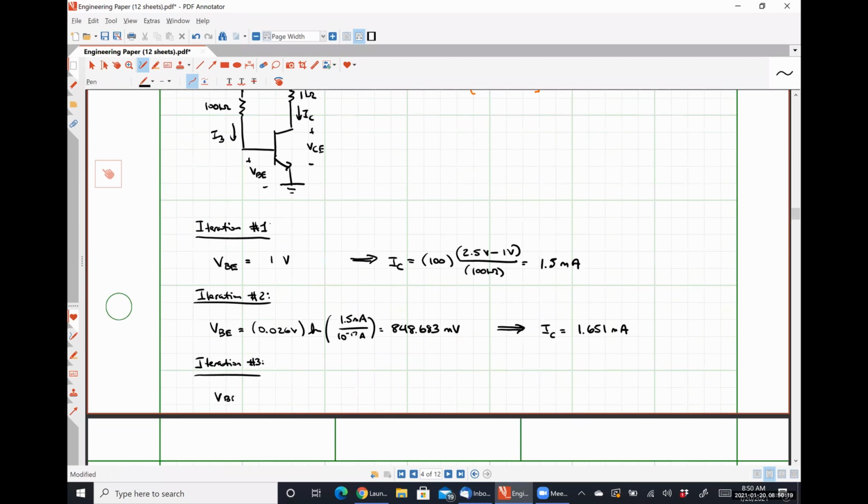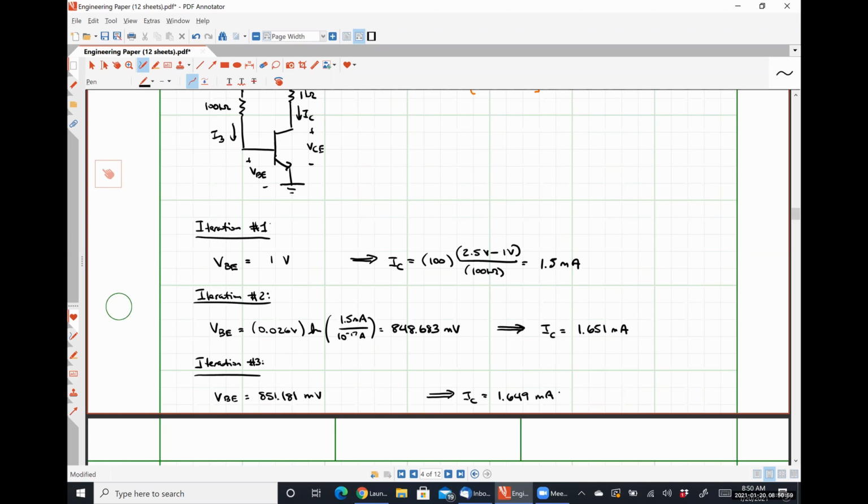From this, I get 851.181 millivolts with a corresponding IC value of 1.649 milliamps.